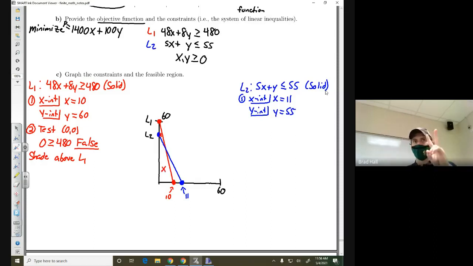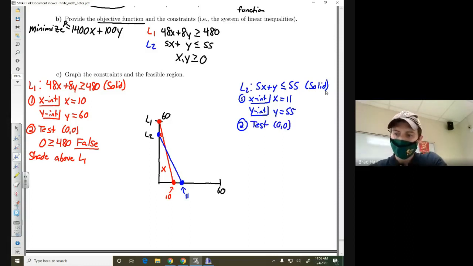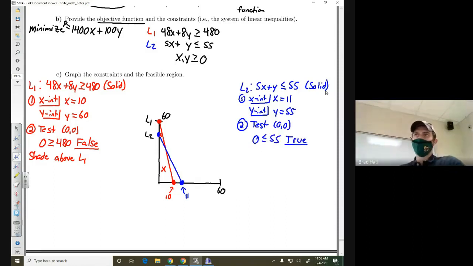And we're left with 2 regions here. Let's figure out which one it has to be. Yet again, we test 0, 0. And so you would end up getting that 0 is less than or equal to 55, which is true. So we get some alternation here. So this is kind of interesting, which means we shade below L2.